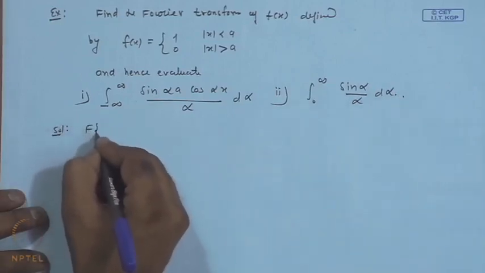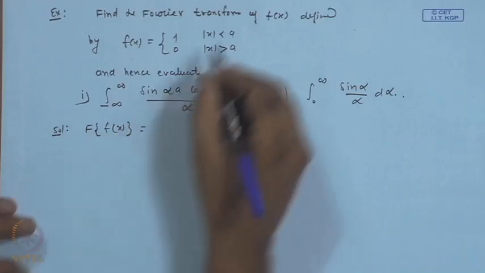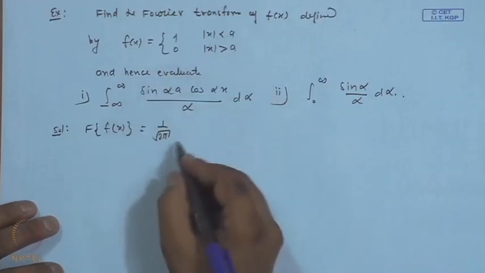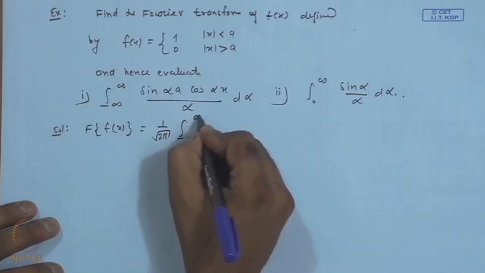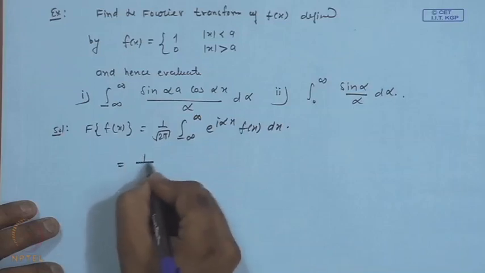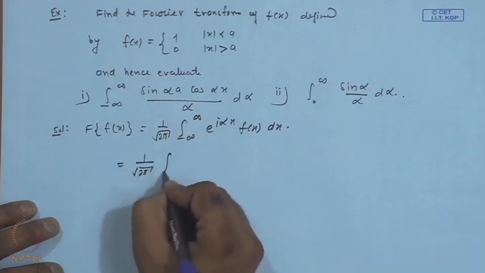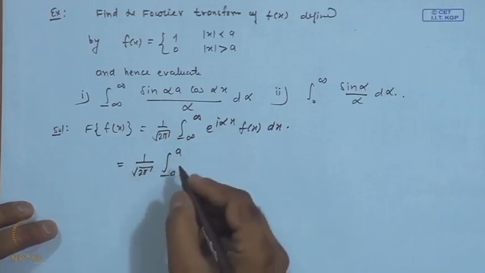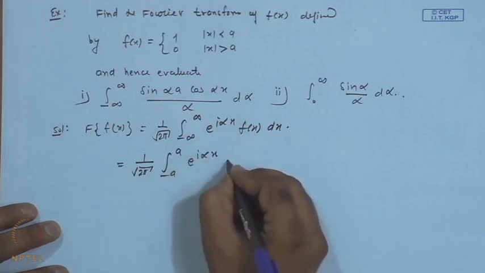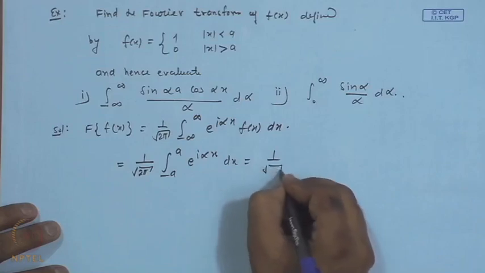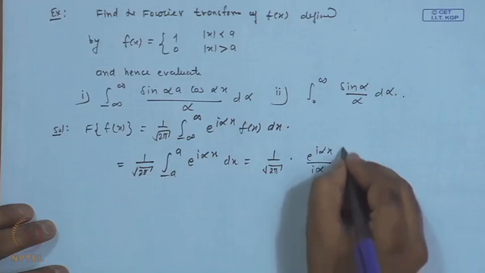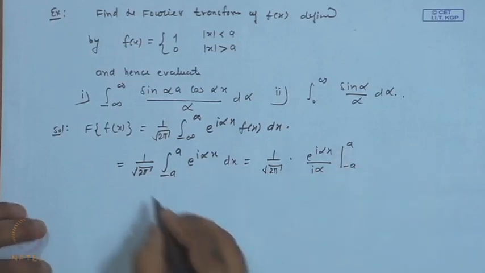So for the solution, we have the Fourier transform of this f(x), which is defined between minus a and a, so 1 over square root 2 pi, integral from minus infinity to plus infinity of e power i alpha x f(x) dx. Outside that interval it is 0, so this is from minus a to a, where f(x) is 1, so we have e power i alpha x dx. It's simple now: 1 over square root 2 pi, and this is e power i alpha x over i alpha, with limits minus a to a.